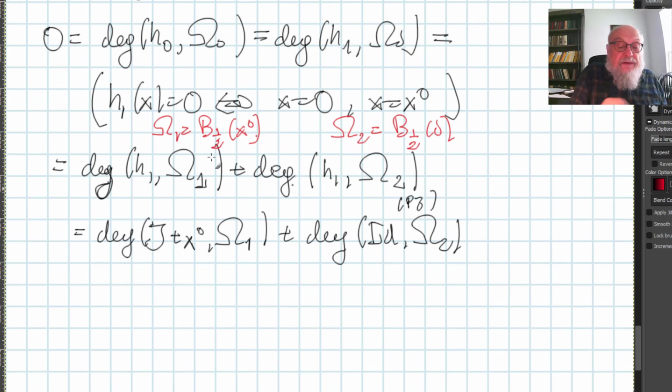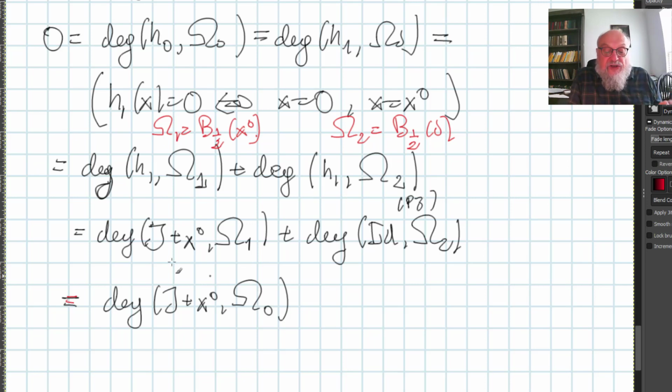So this is the degree, and I can again expand it to omega naught, because by the excision property, that one is 1.